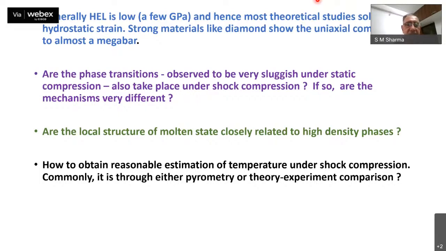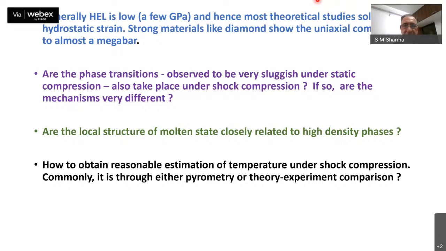Recall that the jump conditions had no measurables which could be easily identified with the temperature. So temperature stays in the background, but it certainly defines the thermodynamic condition of the material under shock compression. And it gets buried basically in the third jump condition, that was energy conservation.